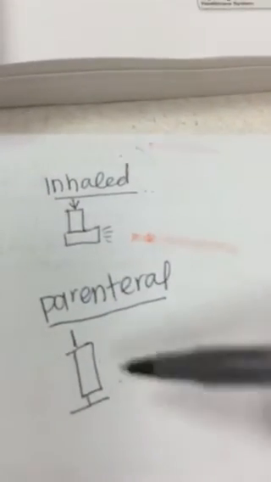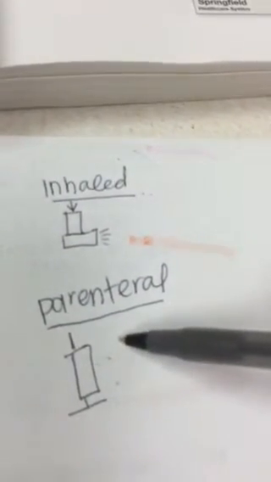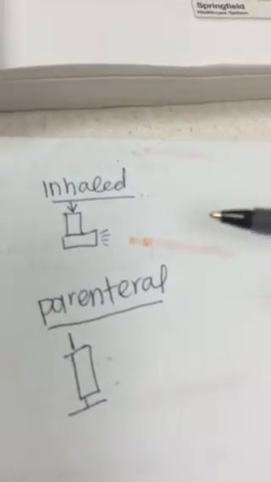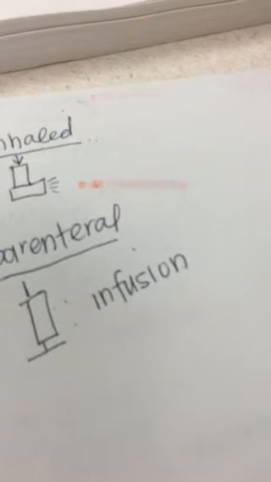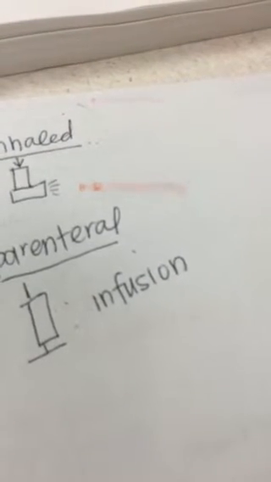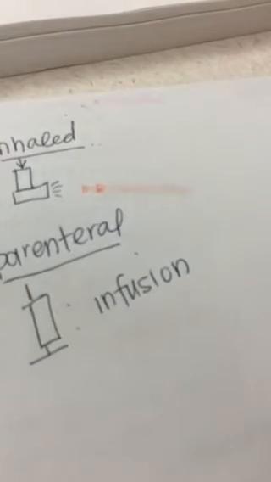Okay, so parenteral is not just one injection, it can also be a continuous infusion. I'm just gonna write the word infusion under this. An infusion is something that is continuously being given. To give an example, I have patients in the ICU that are on a continuous medication drip and a sedation drip.